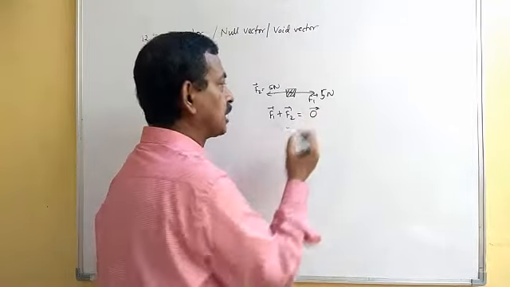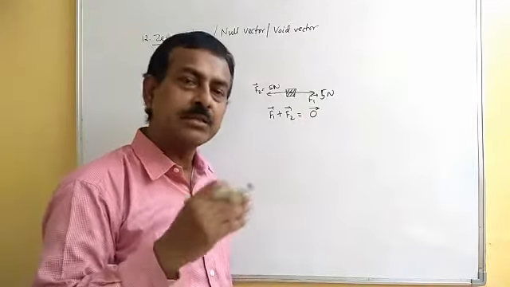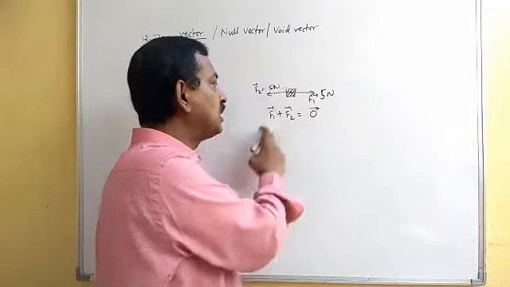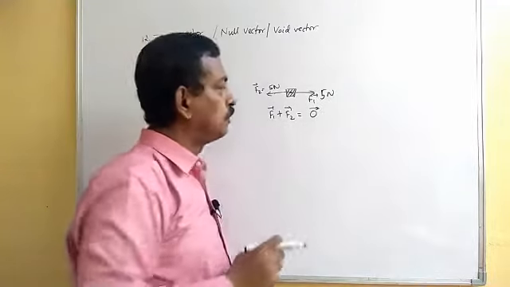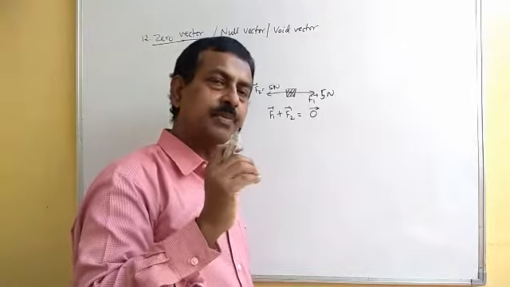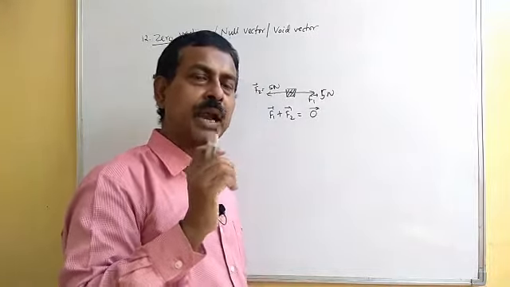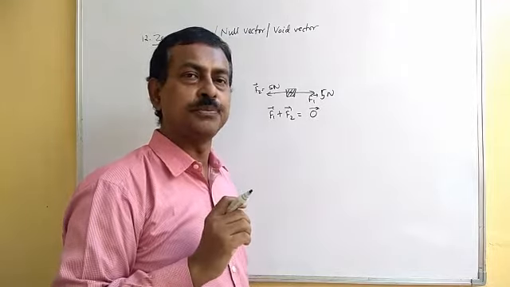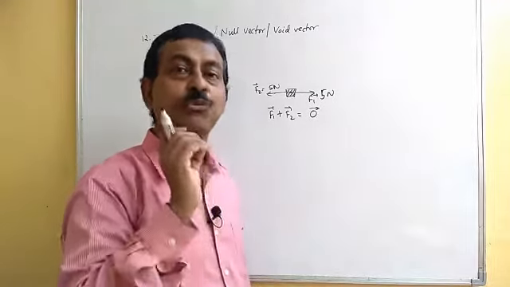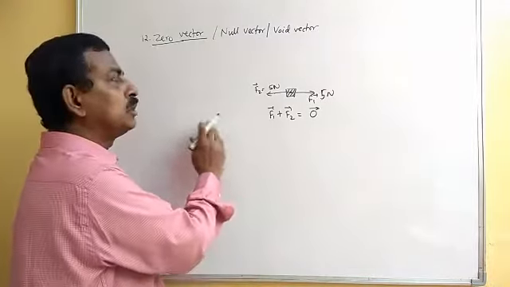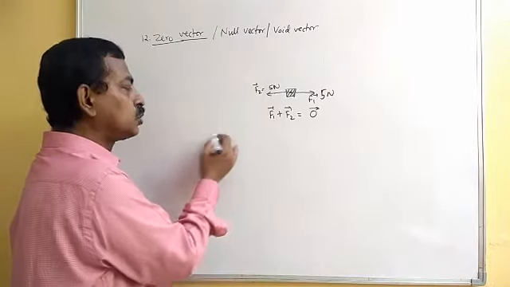So this will be your vector, the zero vector. That is the zero vector. So if you consider two vectors acting on a body and giving the resultant as 0, they give the zero vector.